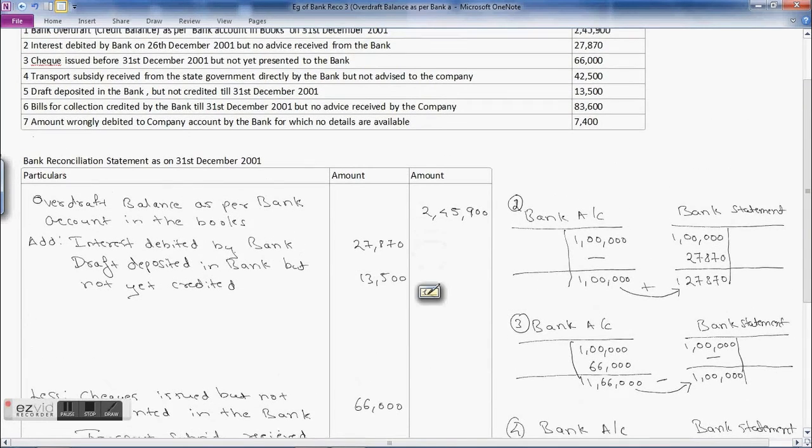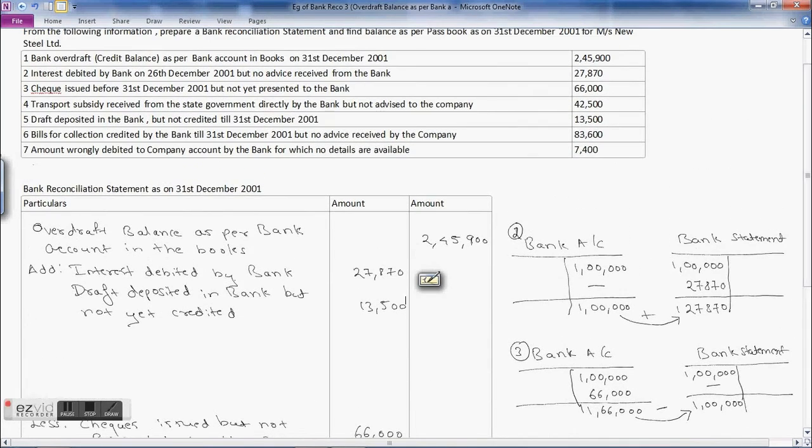Now the next transaction. Okay, bills for collection credited by the bank till 31st December 2001, but no advice has been received by the company. So what has happened is bills for collection have been credited by the bank.